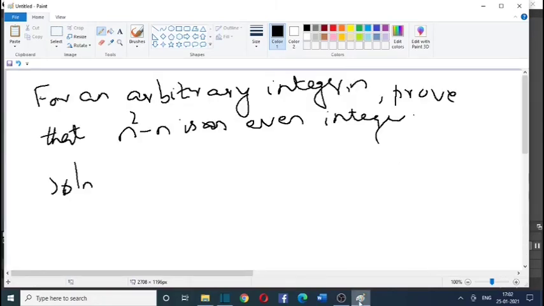Now fourth problem is: for an arbitrary integer n, prove that n square minus n is an even integer. For the solution we consider the division algorithm.